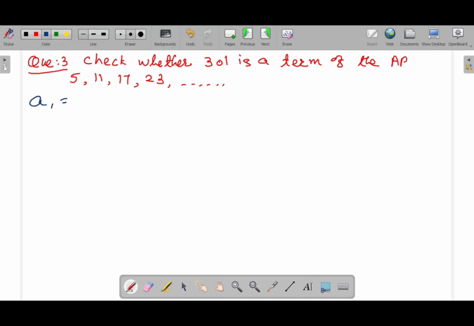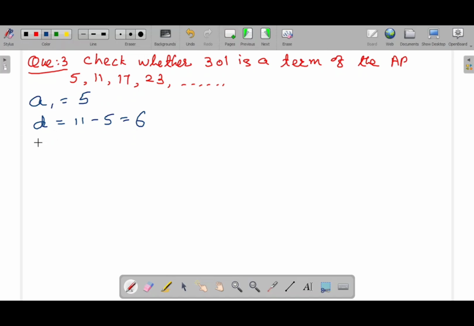The first term is 5. We also know the difference. 11 minus 5 is 6. So we know that it is the common difference. You can also check 17 minus 11 or 23 minus 17. It is going to remain the same because it is given that it is an AP.